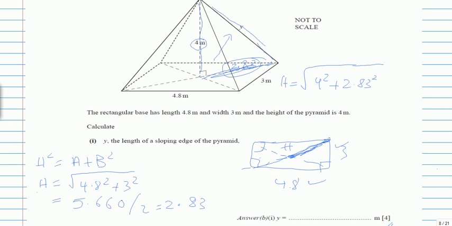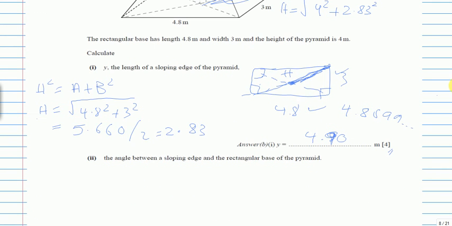It's 4 squared plus 2.83 squared, and I get 4.8899, and so on. So I will just round it off to 4.9.